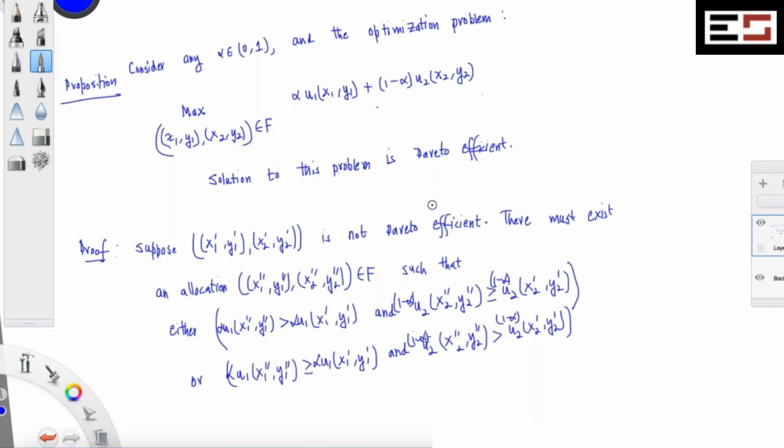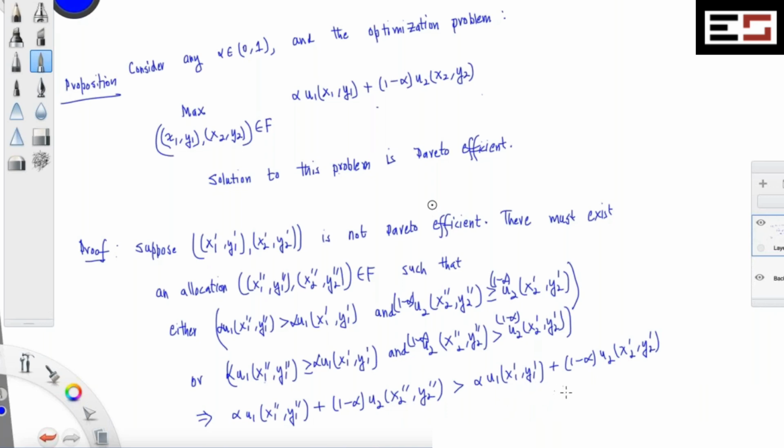Okay, now if you add the left hand side of this to the left hand side of this and compare it with the sum of the right hand sides, then this implies that alpha u1 x1 double prime y1 double prime plus 1 minus alpha u2 x2 double prime y2 double prime must be strictly greater than alpha u1 x1 prime y1 prime plus 1 minus alpha u2 x2 prime y2 prime, no matter what alpha is.